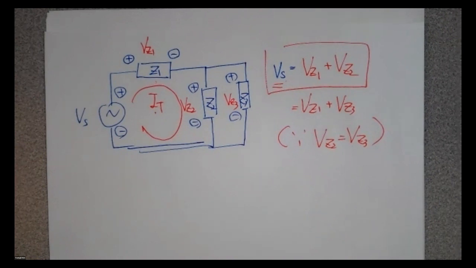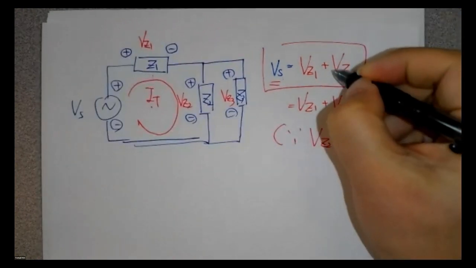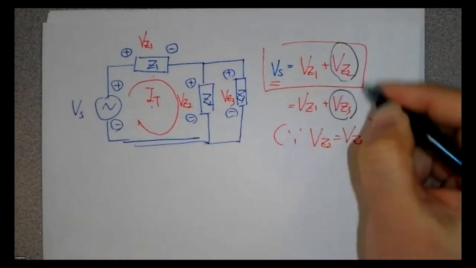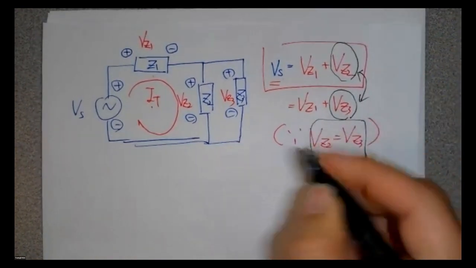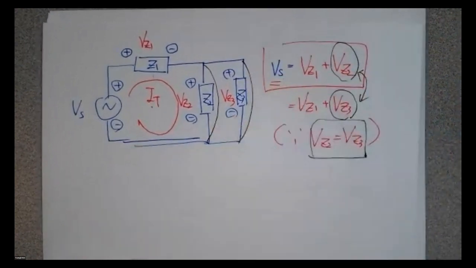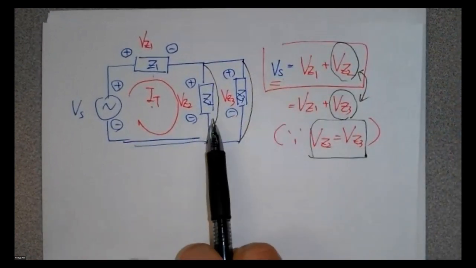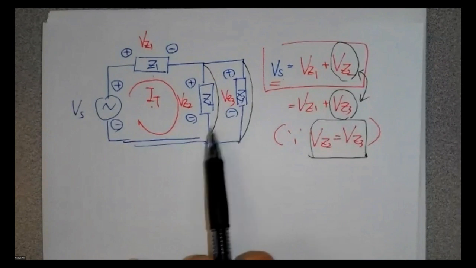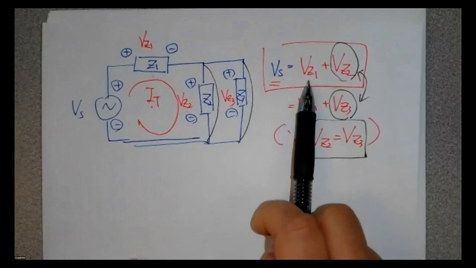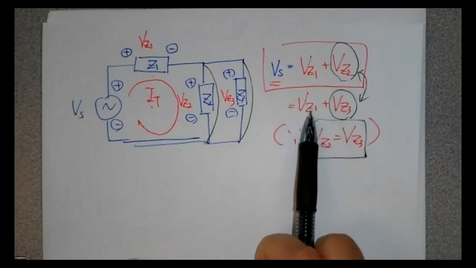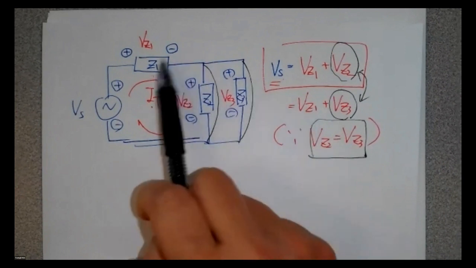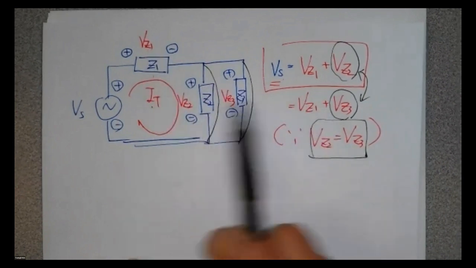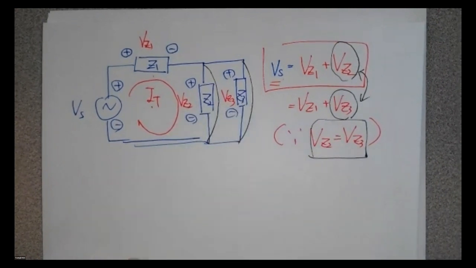Any questions? So right there, the V sub G sub 2 and V sub G sub 3 are the same. Okay, why? Because the two impedances are connected in parallel. So V sub G sub 1 plus V sub G sub 2 is equal to V sub G sub 1 plus V sub G sub 3, because they are the same.